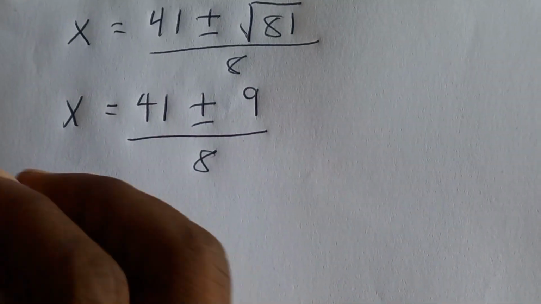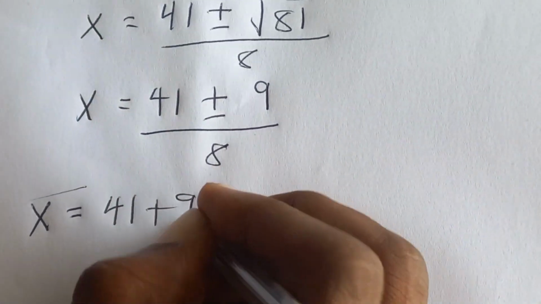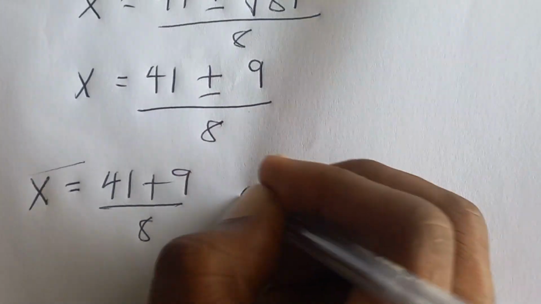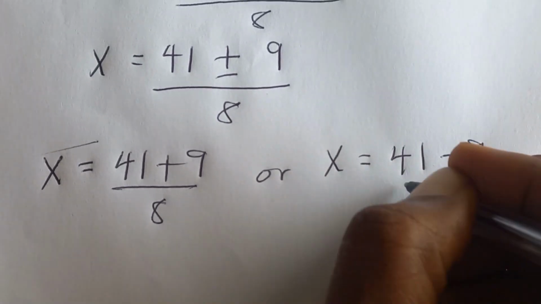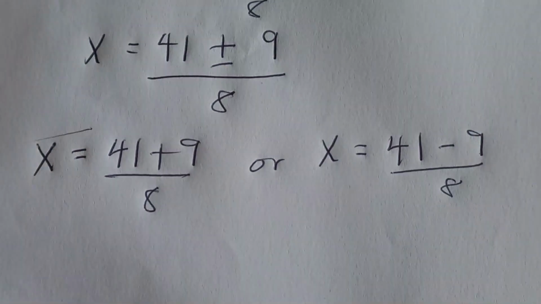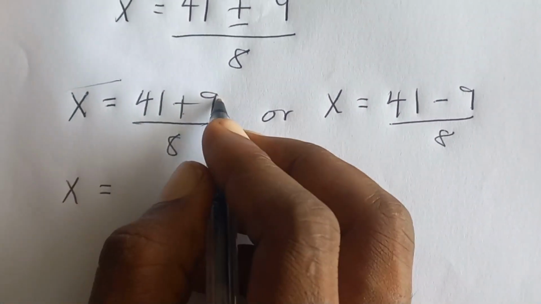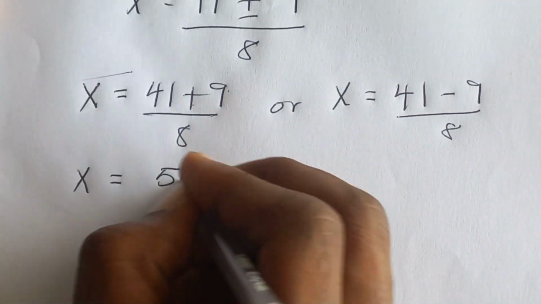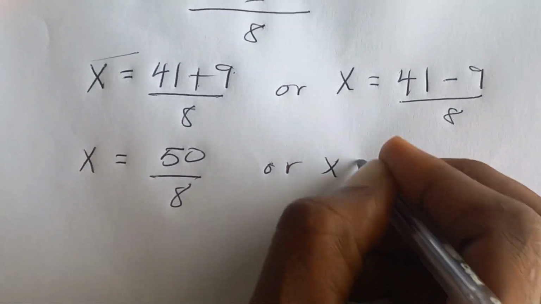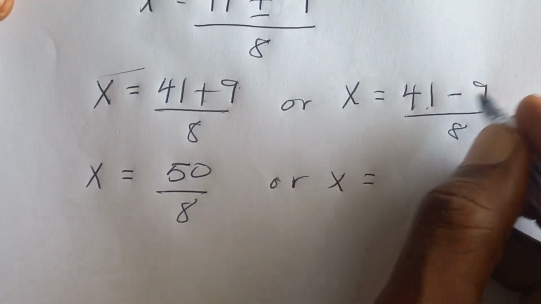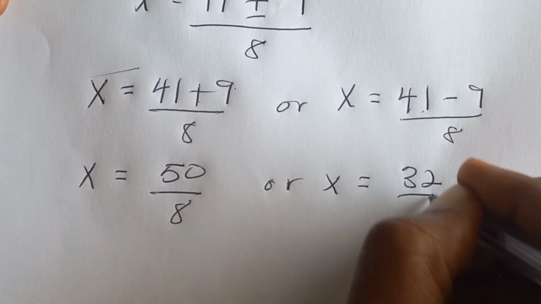So now our x is equal to 41 plus 9 over 8, or x is equal to 41 minus 9 over 8, like this. So our x is equal to 41 plus 9 is 50. So we get 50 over 8, or x is equal to 41 minus 9, we get 32. So 32 over 8.